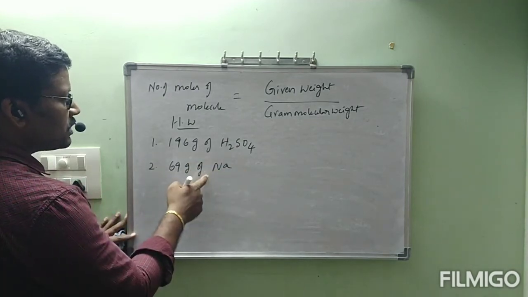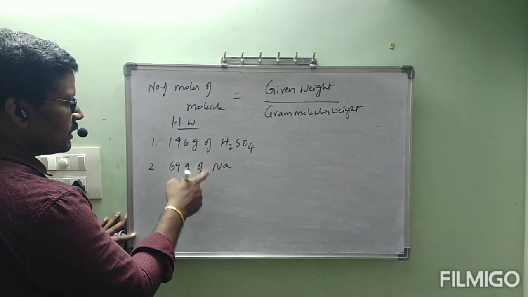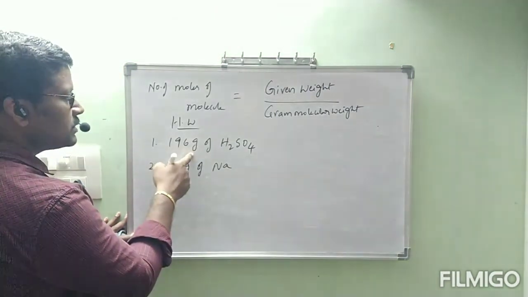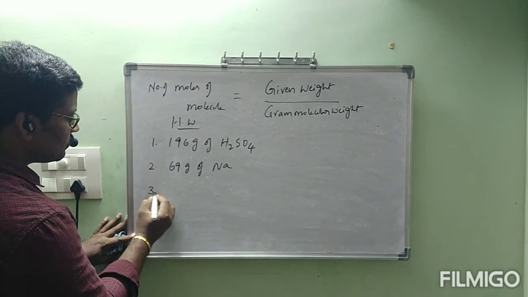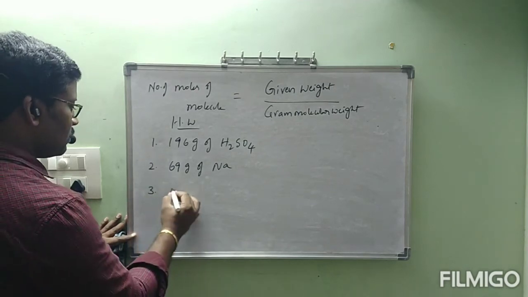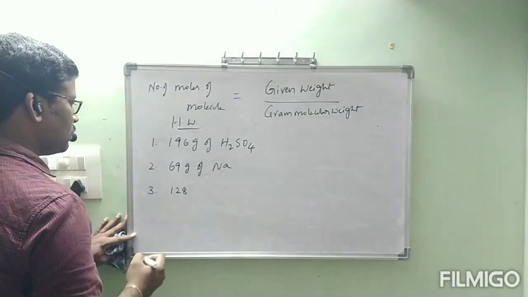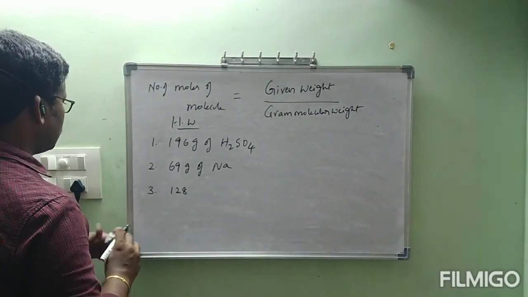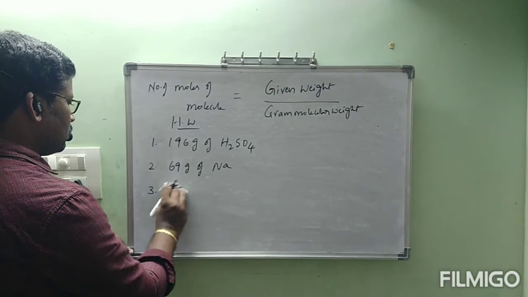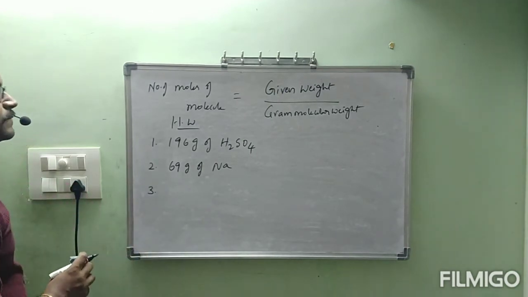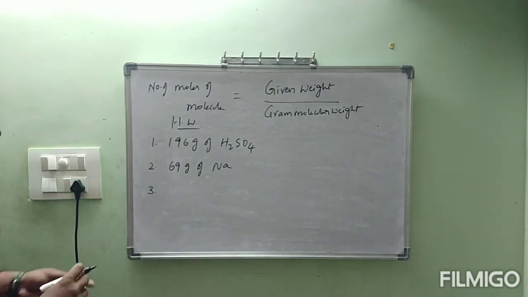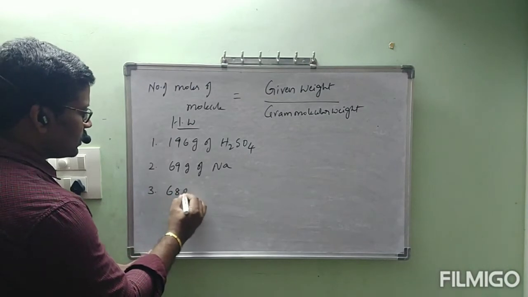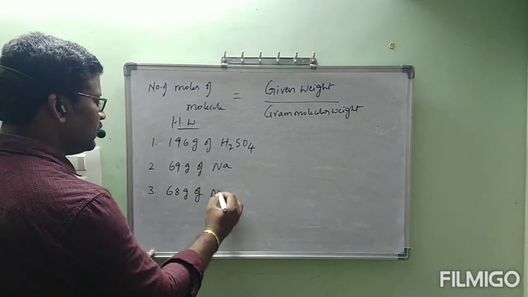How many moles of sodium particles are there? Third one, 68 grams of NH3.